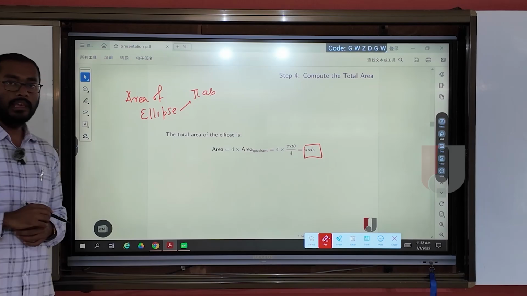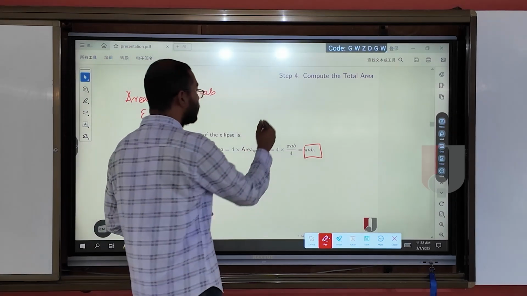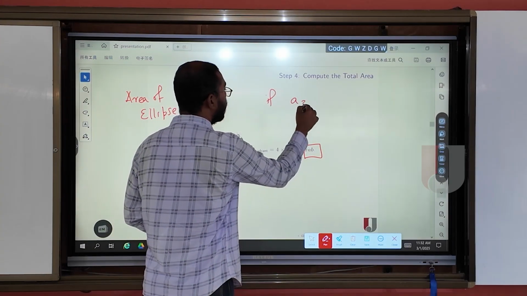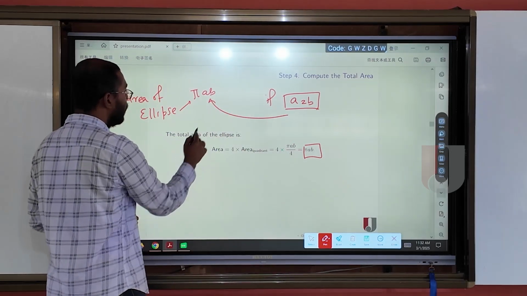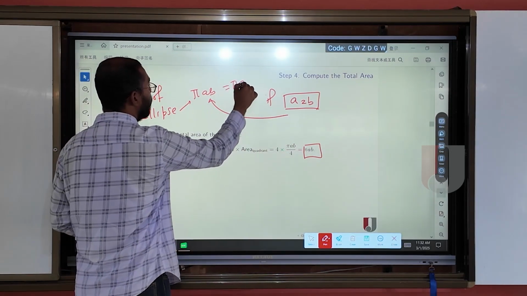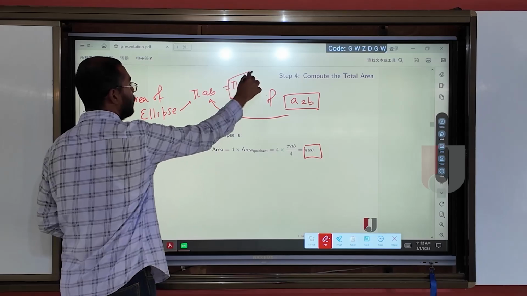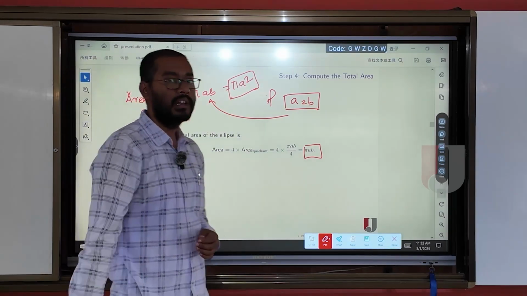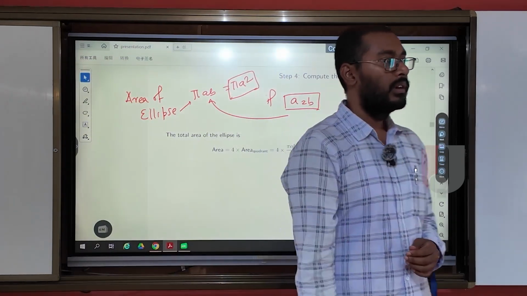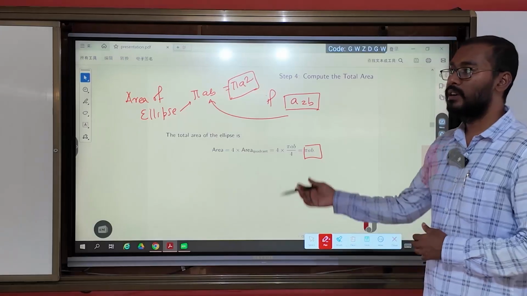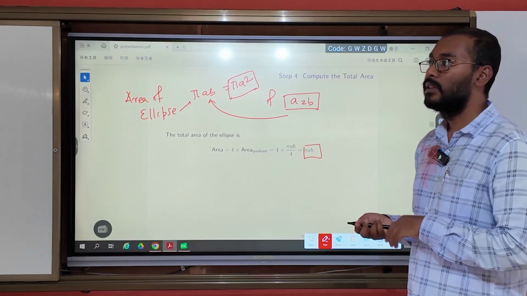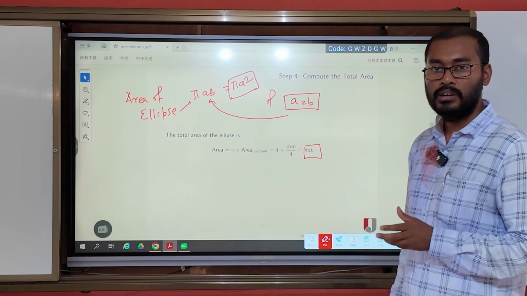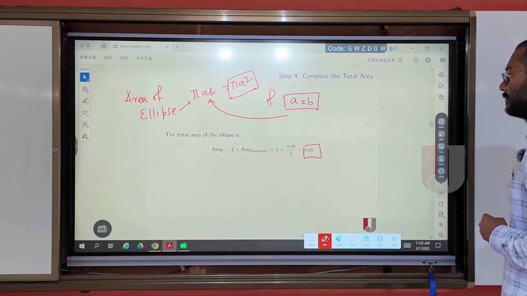Now if a and b are both the same, that time pi ab is converted to pi a square. That is the area of a circle. So an ellipse is actually a generalized version of a circle. Means if a and b are both the same, that time the ellipse can be converted to a circle.